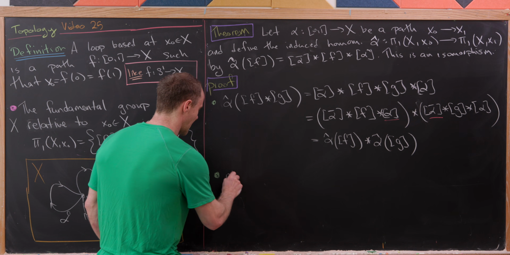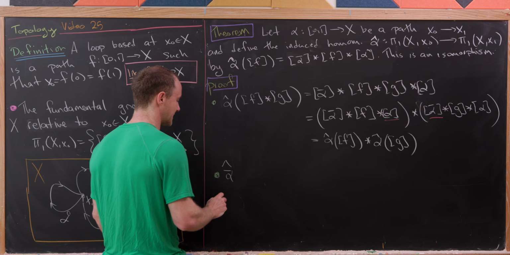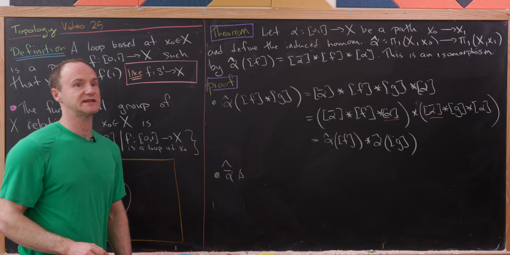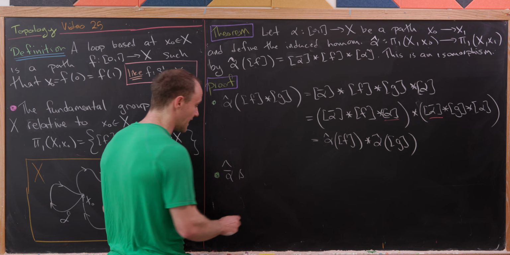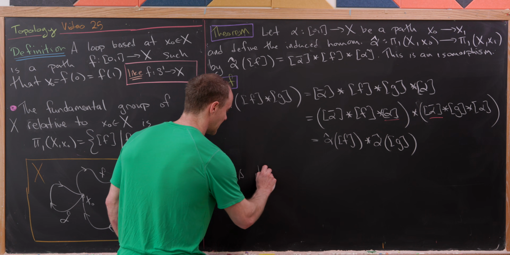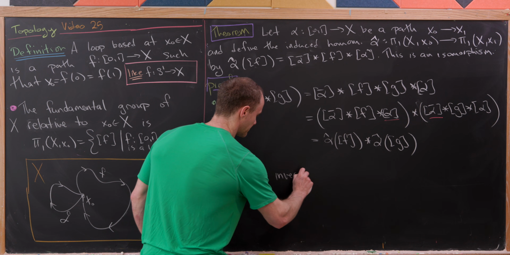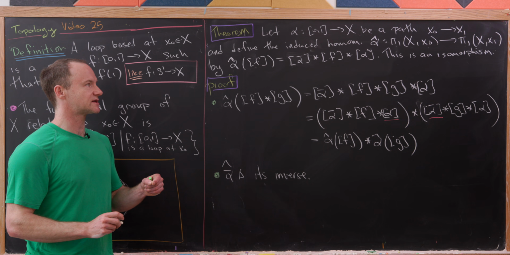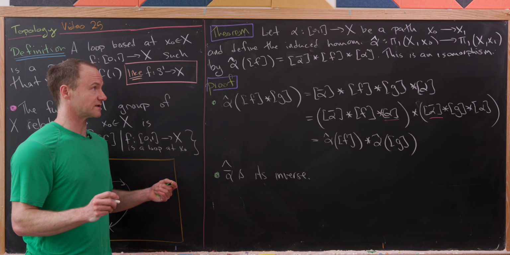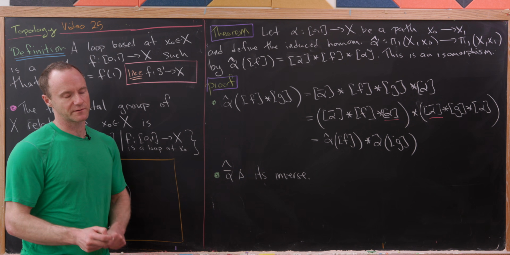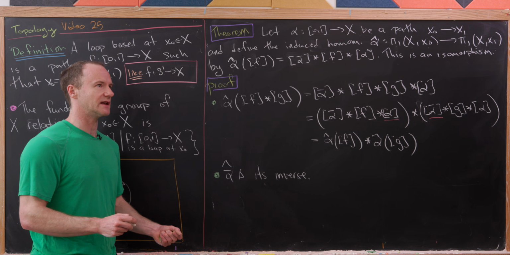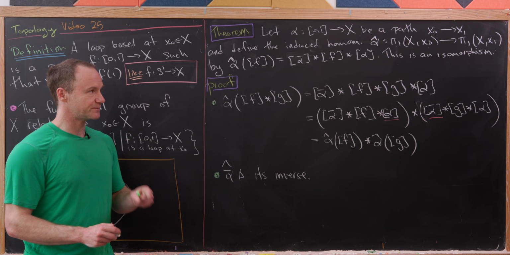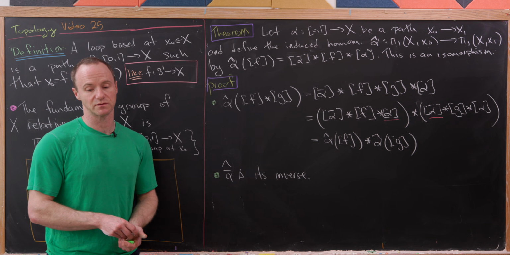Well, let's notice that alpha bar hat is another homomorphism, and not only that, it's its inverse. And I think it's pretty clear that it's its inverse. So that means we've got an invertible homomorphism, but that means it's an isomorphism, because invertible means that, in fact, we have bijectivity and injectivity. Okay, so that proves that this is an isomorphism.